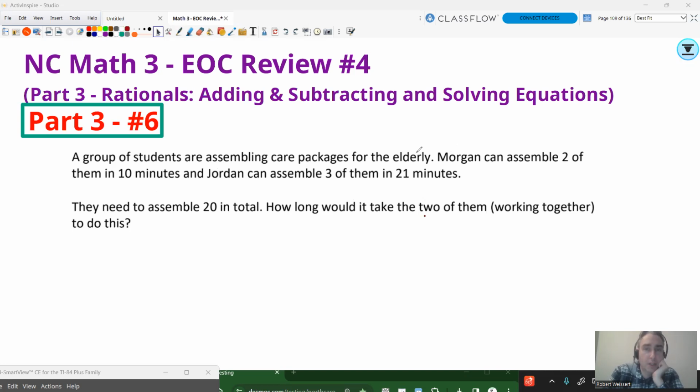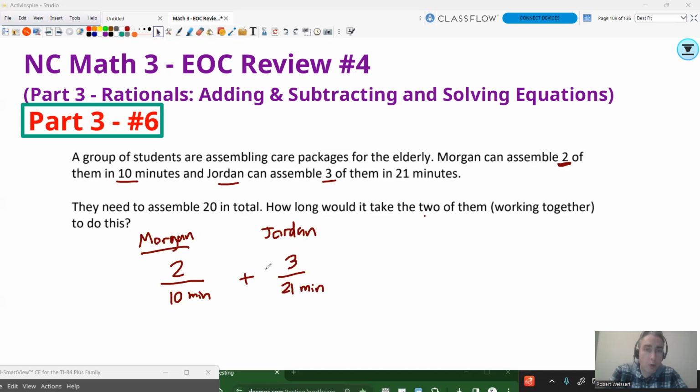So in this case here, let's look at Morgan. Now she's not putting together 1 in this case, she's putting together 2. So her numerator is going to be 2, and it's going to take her 10 minutes. And as far as Jordan, well, Jordan can assemble 3 of them, and they can do it in 21 minutes. So it looks like I have both Morgan and Jordan's time.